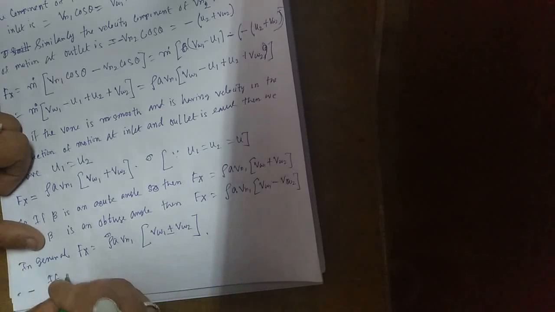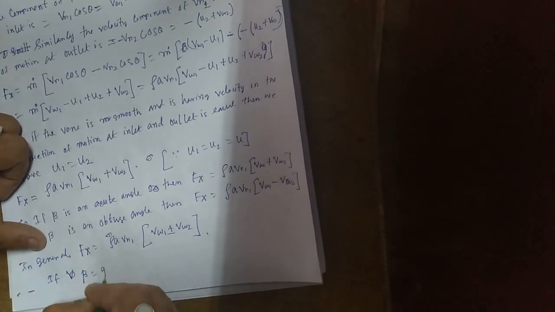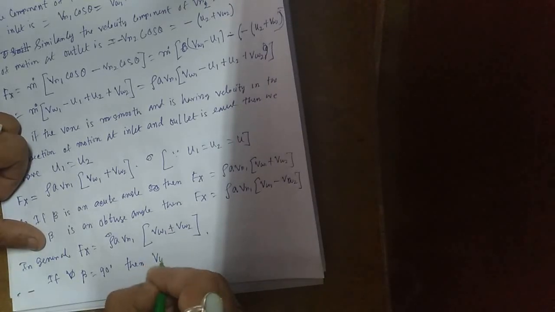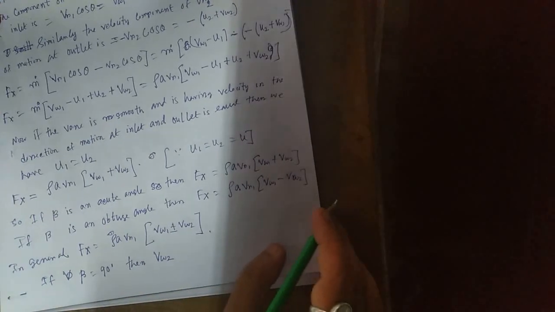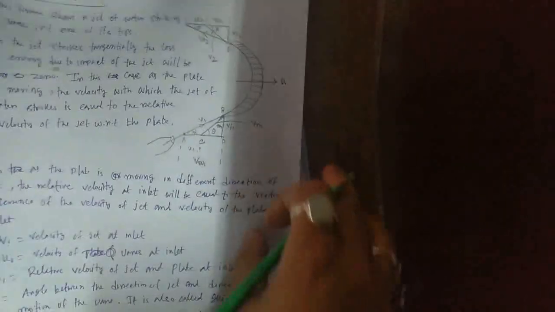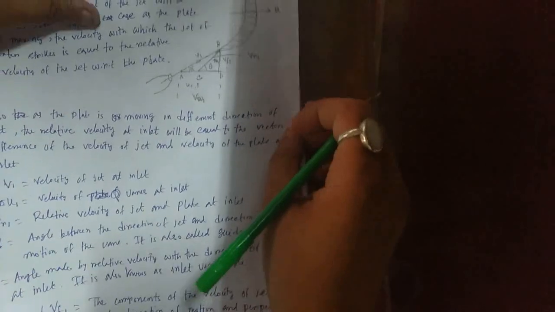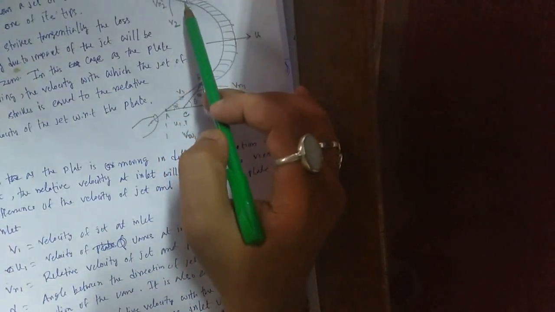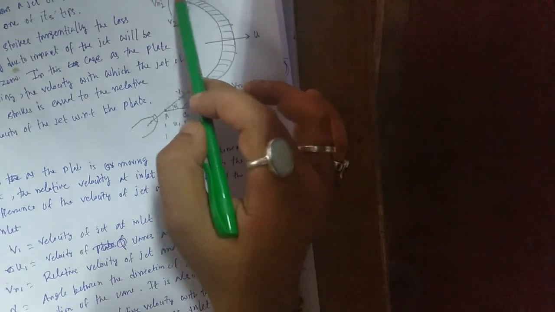If beta is 90 degrees, then VW2 is zero. You can see in this diagram that if beta is an acute angle, then VW2 is positive.